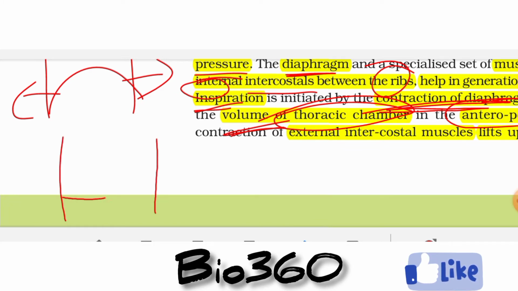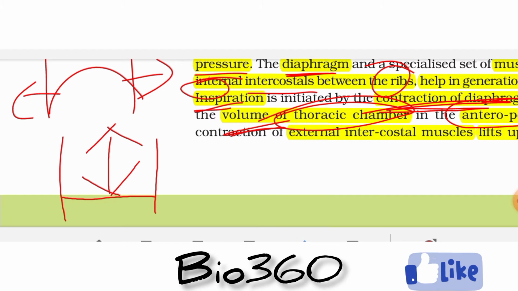Now the thoracic chamber increases its volume anteroposteriorly, and due to the increase in volume the pressure is decreased in it, so that the air will enter the lungs.